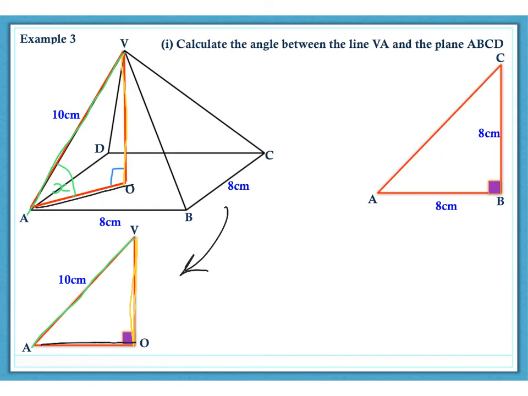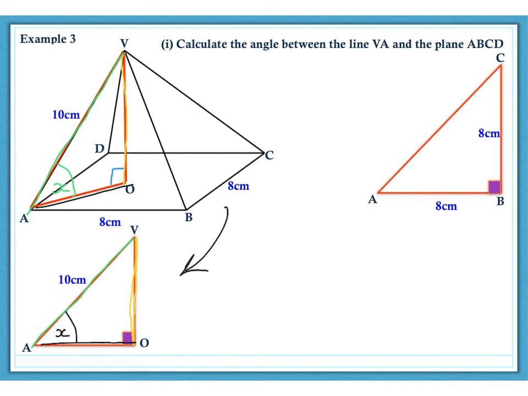And there's the angle X that we want to find out. Unfortunately, we do not as yet know the value of AO, and we do not know the value of VO either. There are now several different ways in which we can calculate the measurement AO.